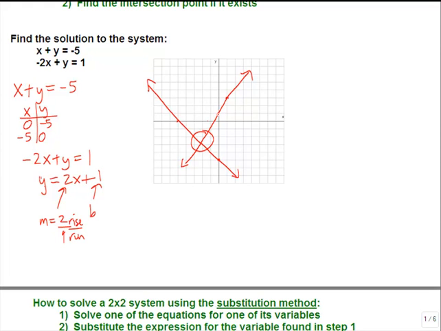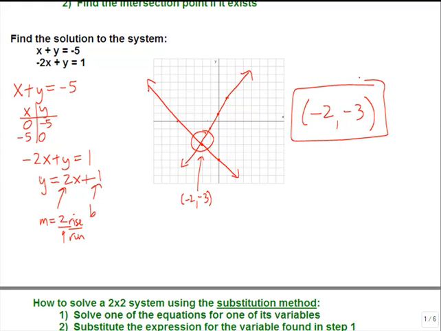Now to be a little bit more accurate, I'm going to use my slope, and instead of going up 2 and over 1, I'm going to go down 2 over 1, down 2 over 1. So this should have hit right there at the coordinates -2 for x and -3 for y. So the exact answer, the exact intersection point, is -2, -3.